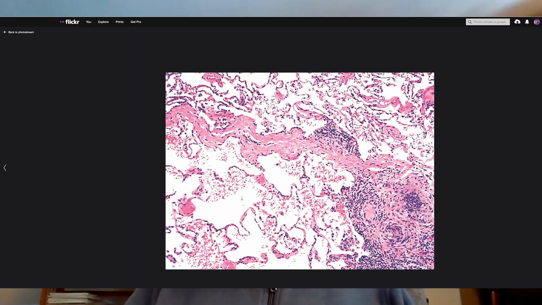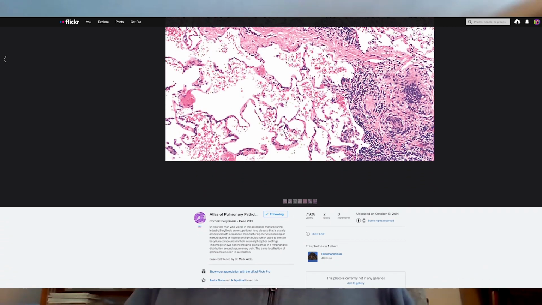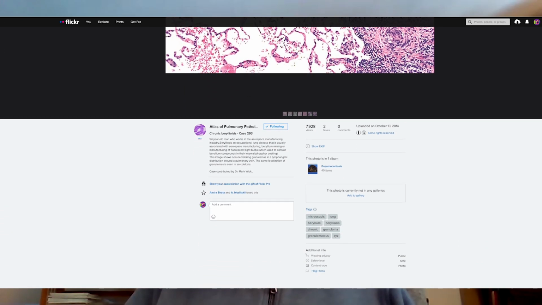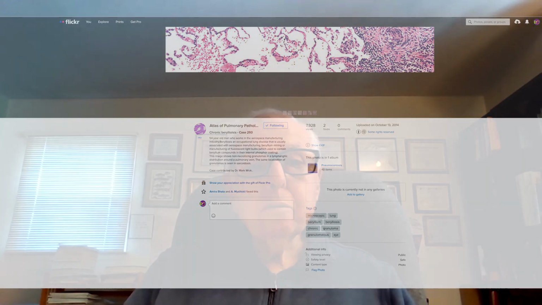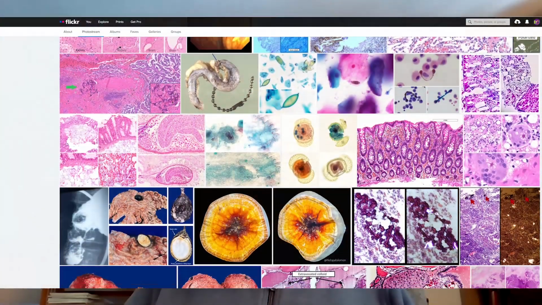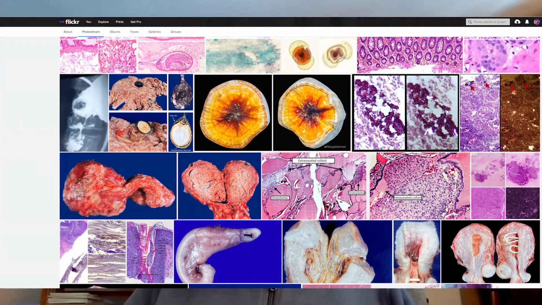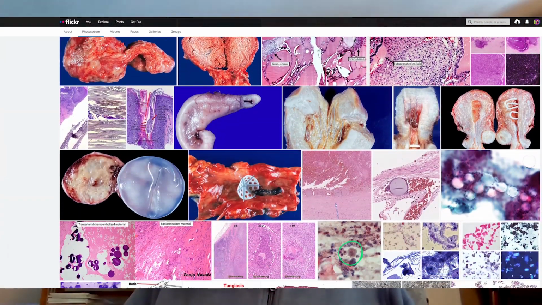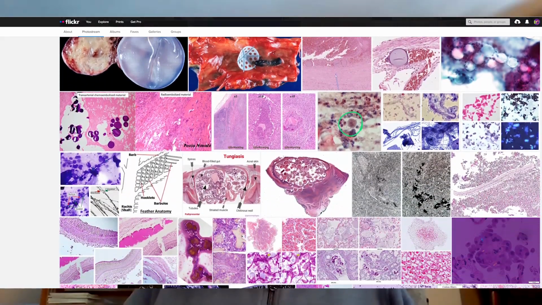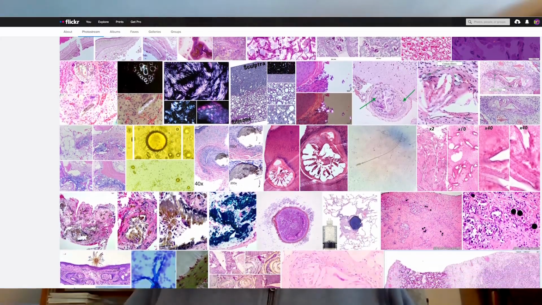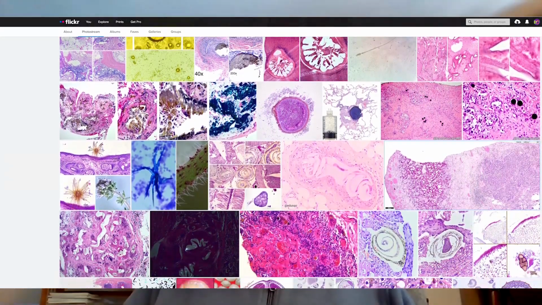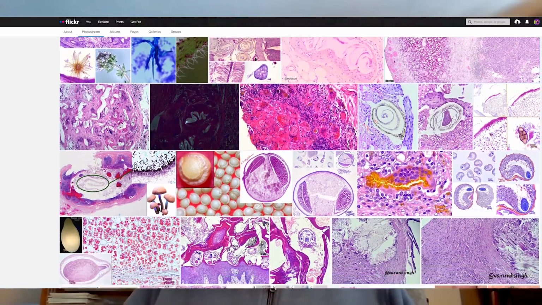So about 3 or 4 years ago, I decided to start another atlas on Flickr, which I call the Atlas of Medical Foreign Bodies. Pathologists in their daily work often come across foreign bodies of various types, originating from both outside the body and inside the body, that many times they have trouble identifying.